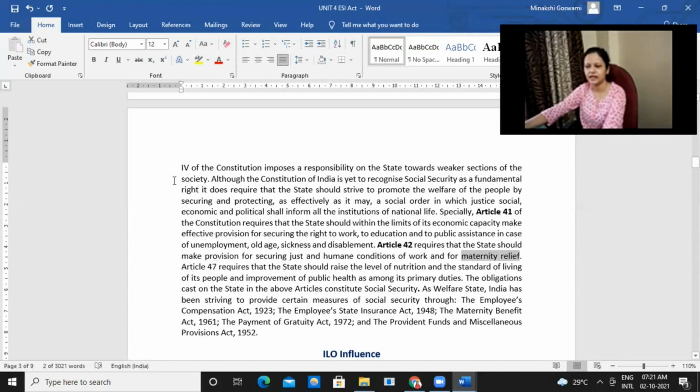Under Article 47, it requires that the state should raise the level of nutrition and standard of living of its people and improve public health as among its primary duties. Take for example this COVID vaccination, we can say that that was also something relating to public health, because it's an obligation of the government.